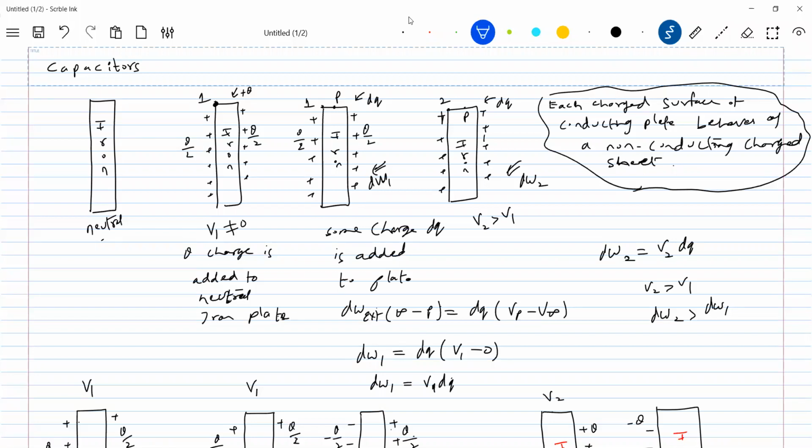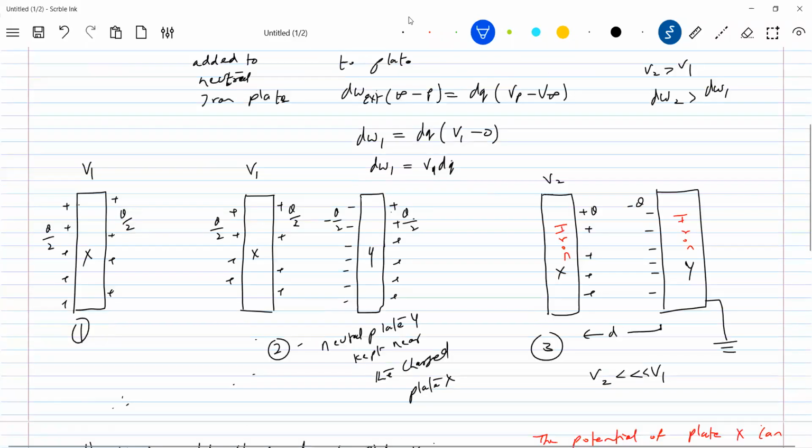To save that work done, I brought an alternative method. I'll bring a neutral conducting plate near a charged plate X. Nothing will happen, no change. But when I earth plate Y, the potential of plate X comes down by a very large value. Suppose it is some 100 volts, it would end up at 1 or 2 volts.